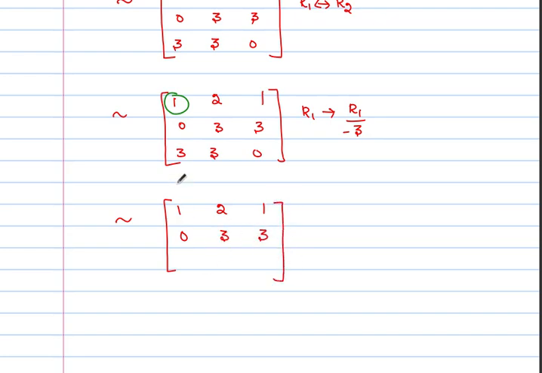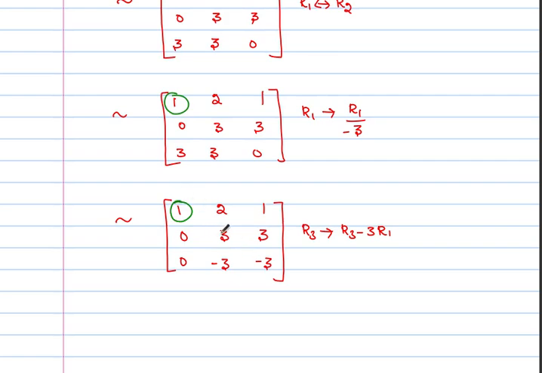So R3 only I want to change. How do I make R3? R3 minus 3 times R1, then it becomes 0, correct? 3 minus 6 is minus 3, minus 3. This is my first pivot position.